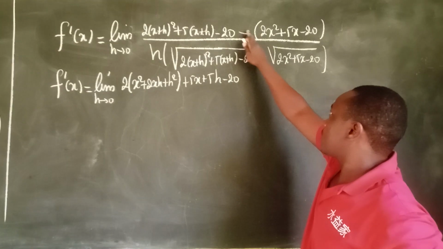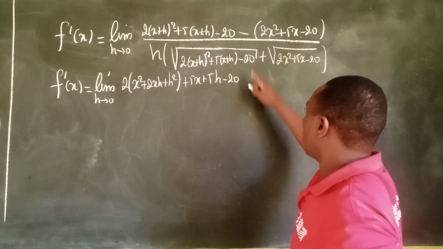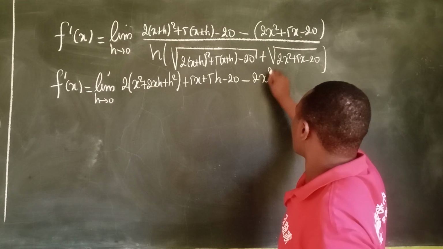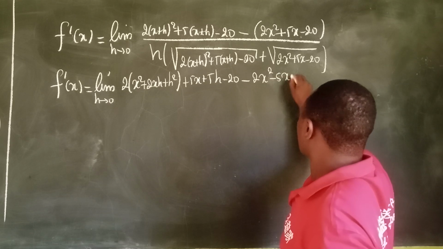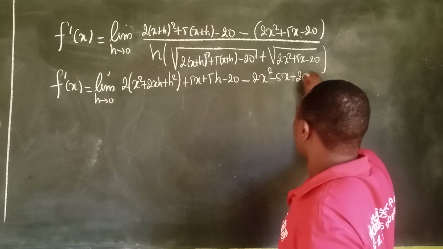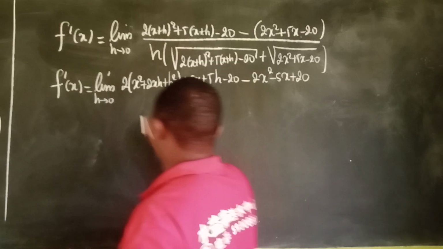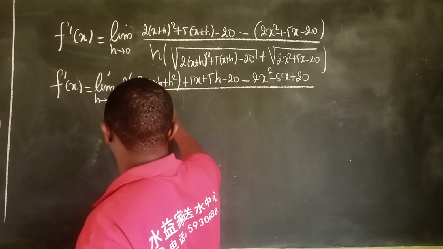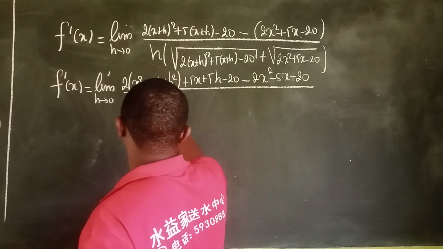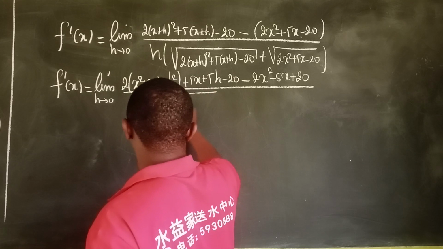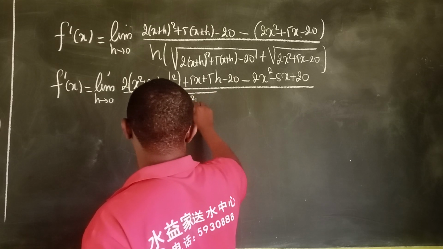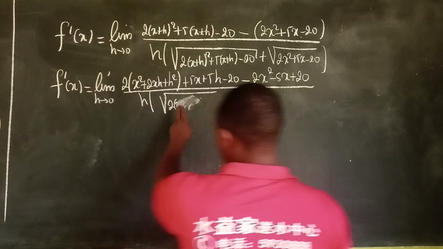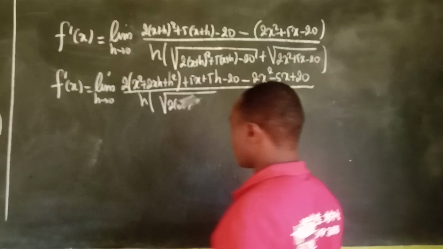Take this minus, multiply it here inside. We have negative 2x² − 5x + 20 over h into the square root of 2x plus h power 2 plus, let's also expand this. Let this be also expanded.